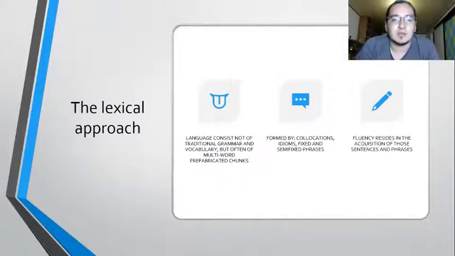The fluency with the lexical approach resides in the acquisition of those sentences and phrases. So the more you interact with your surroundings, with your society, with the people at work, with the people at school, the more you involve yourself with this context, the more you are going to learn a second language.